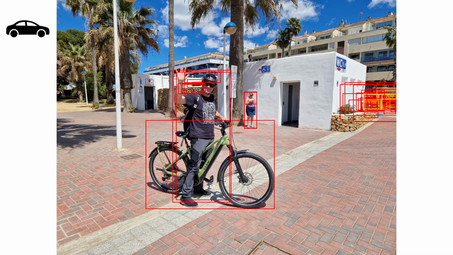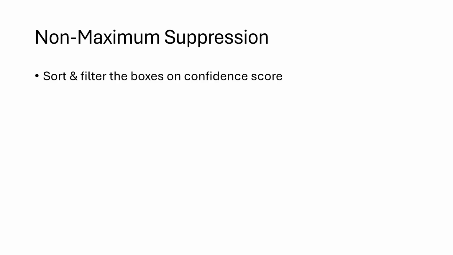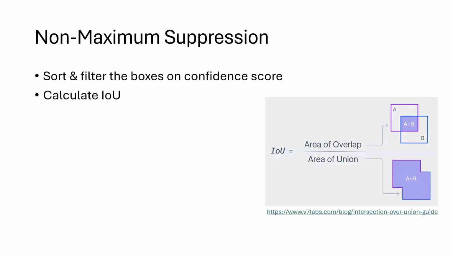Okay, so we still have to filter this and see which bounding boxes are really relevant and which are not. So then we come to the next step, the non-maximum suppression step. It first sorts and filters the boxes on confidence scores, so you already lose a lot of the boxes you saw in the previous images. Then it calculates the IOU, the intersection over union. So basically it calculates how much overlap there is between boxes and how big the combined area of the boxes is, and that's the ratio between those two.